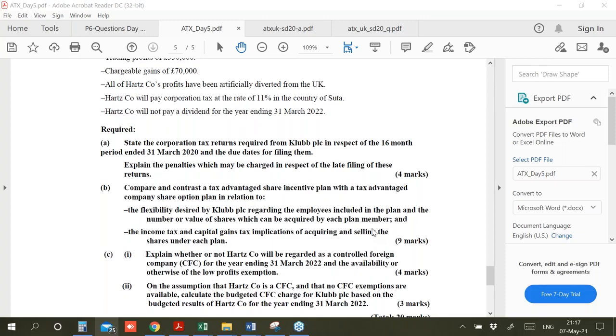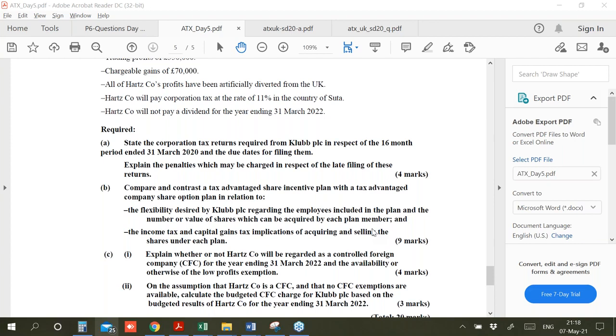However, to submit the return, we have more time available. That is 12 months. So by 9 months and 1 day, the tax payment needs to be made. Now you'll be like, sir, if we have not prepared the tax return, how can we make the payment? I mean, why has HMRC provided us less time for payment and more time for the return?